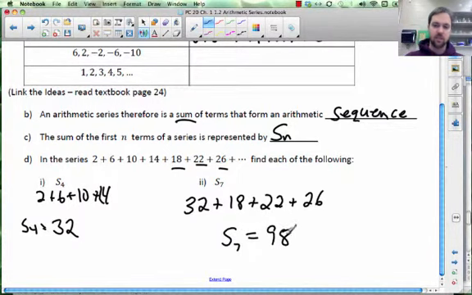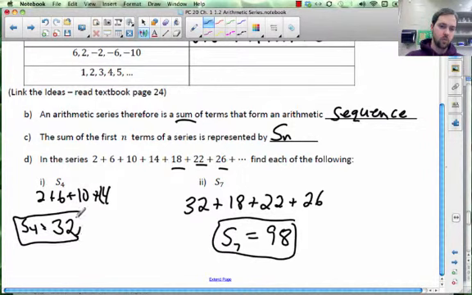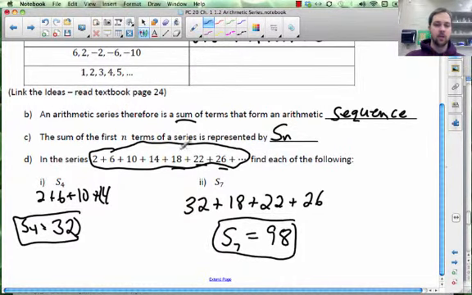So S sub 7 is 98. Okay, so this is a sequence, this is a series, and it's based on just a sequence that would be 2, 6, 10, without plus signs between them.